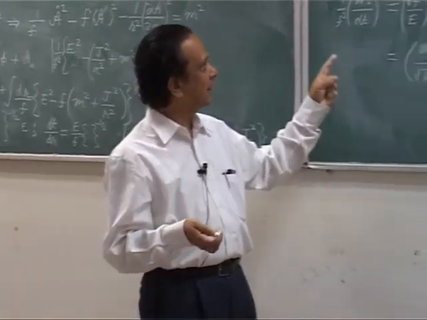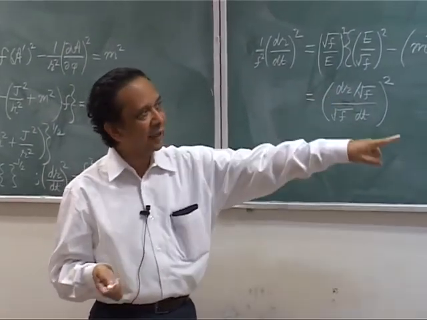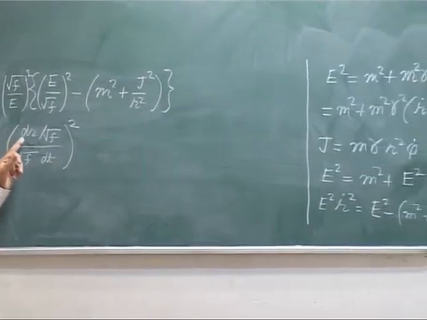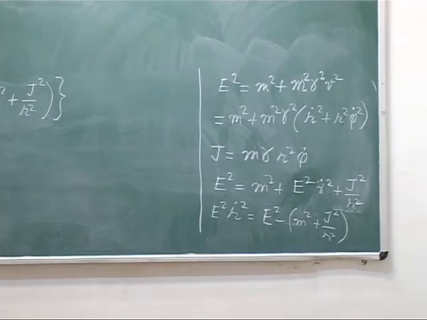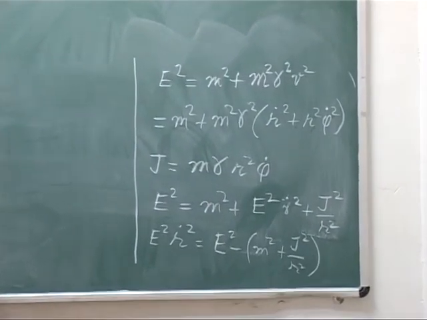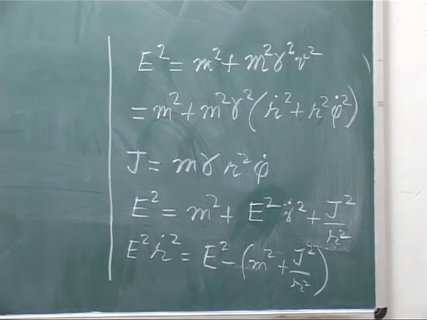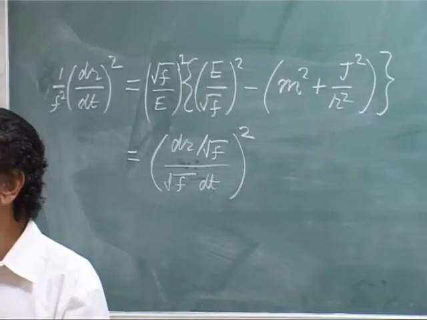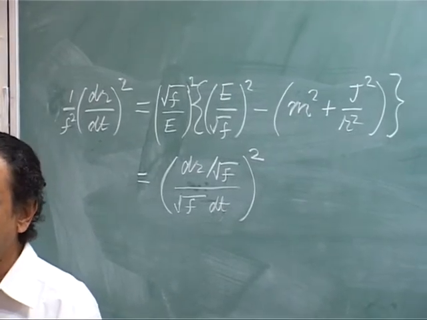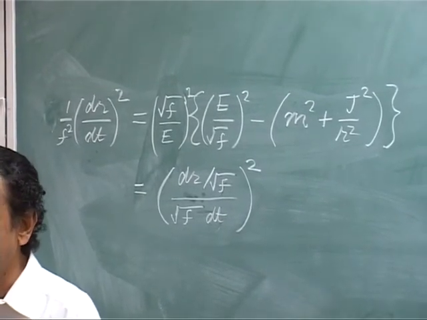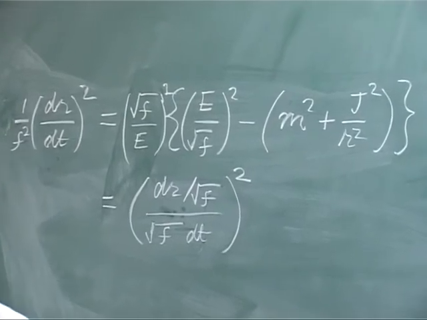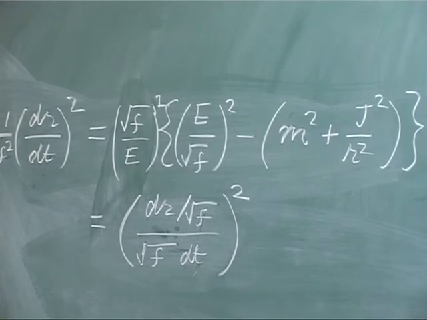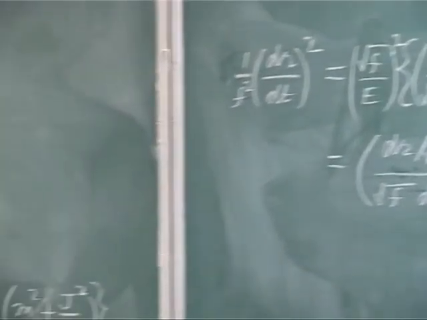So, I first make the replacement that you take that equation, and in that you replace dr by dr upon root f, dt by dt into root f, and wherever you see E, you replace E by root f. That is the redshift of the energy. If you think of it as photons, it is absolutely trivial, and if you take any other material particle, the analysis which we did about Pi ui carries forward for any system. It is just that instead of omega, it will be the energy.